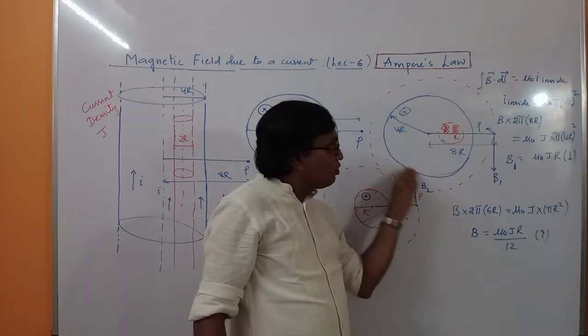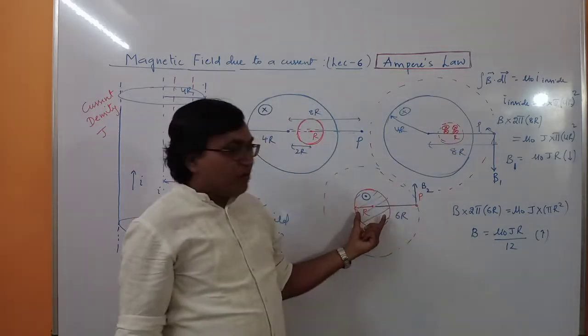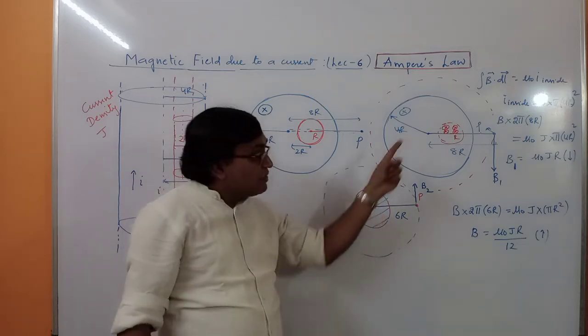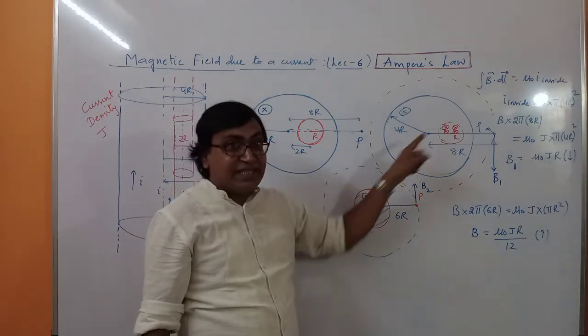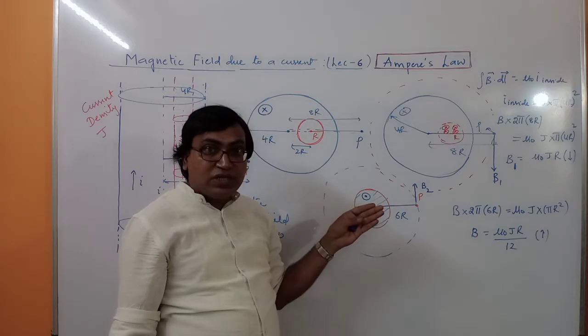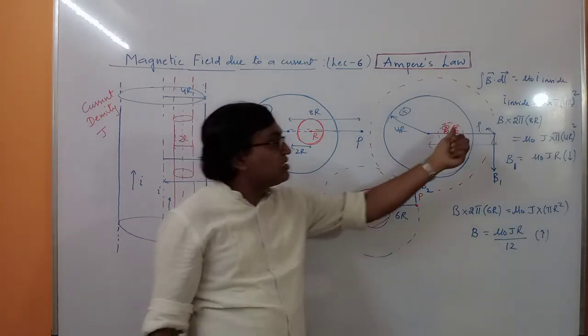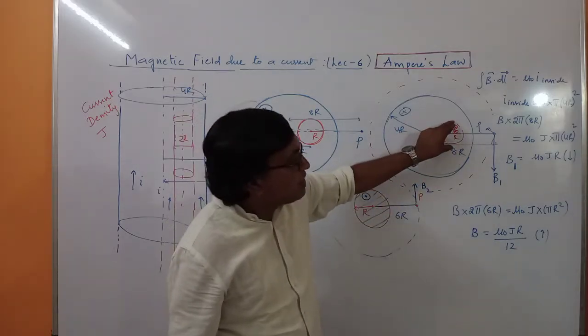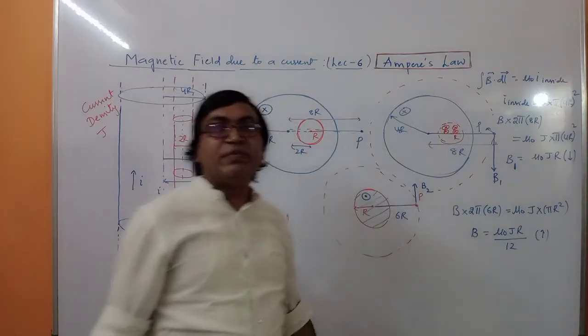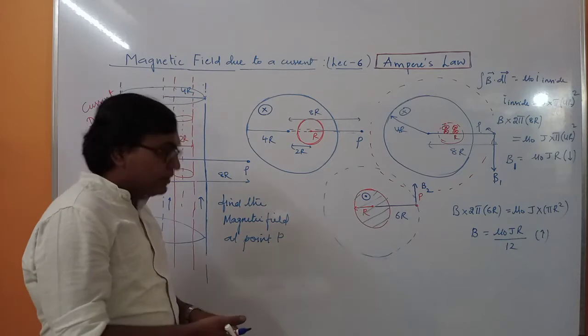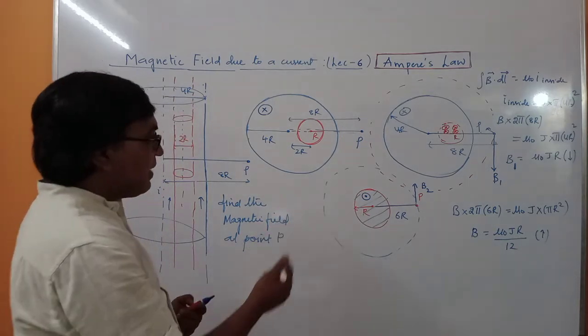I have considered another wire of the same radius at the same point where the current is outside. So this current is outside, this current is inside. When you superimpose this on this, the total current will become 0.